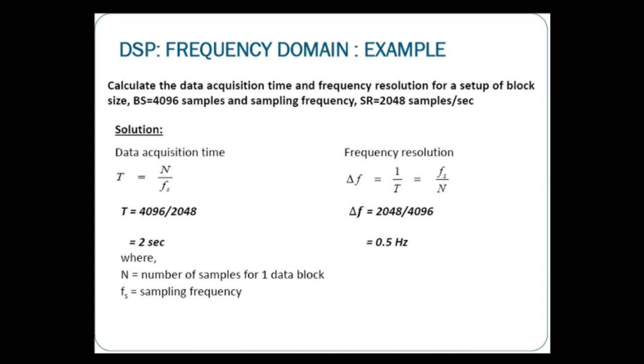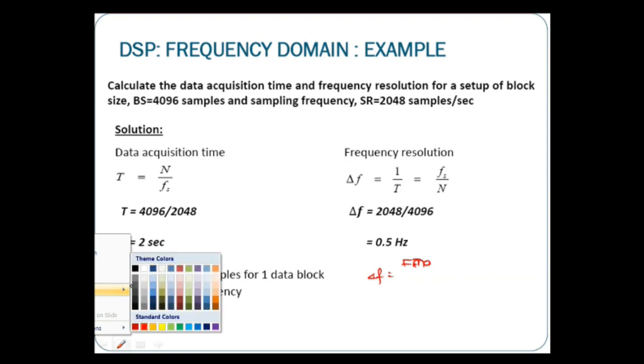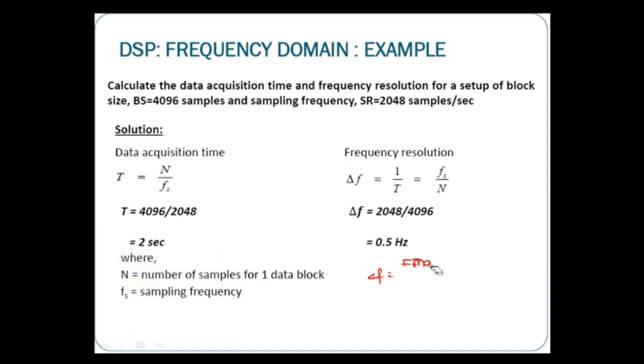Using F max on FFT lines, delta F also equals F max over FFT lines. That is usually used in commercial measurement systems or analyzers.